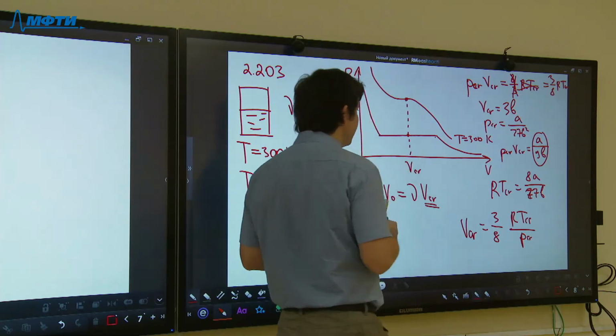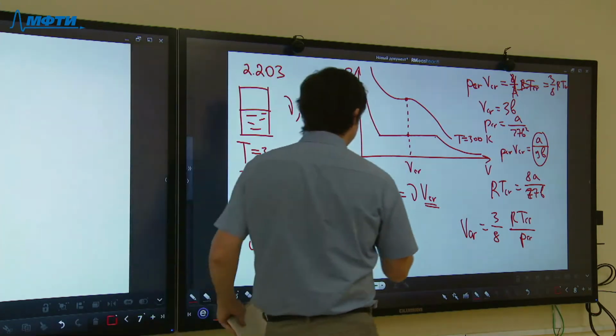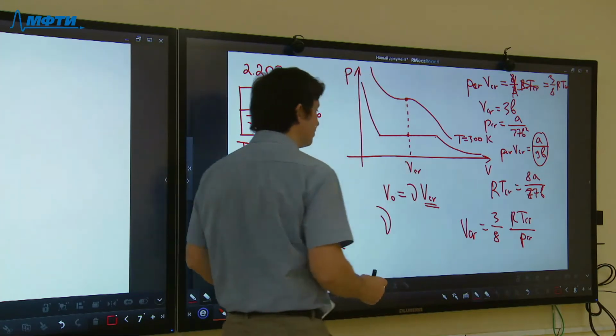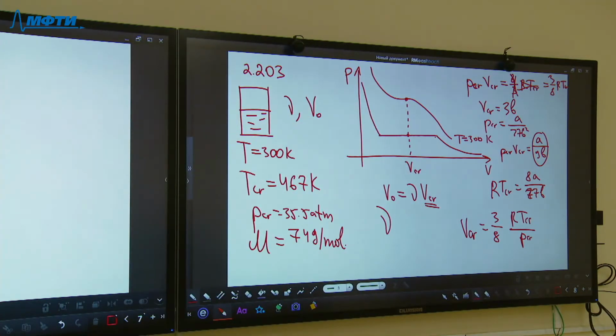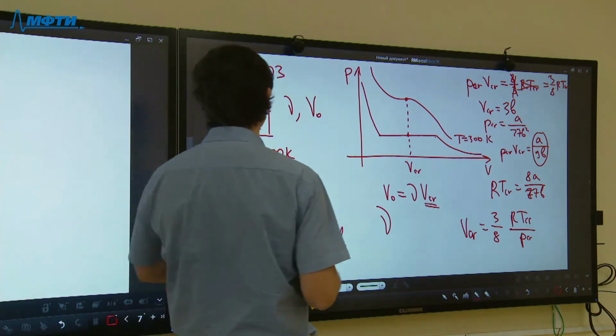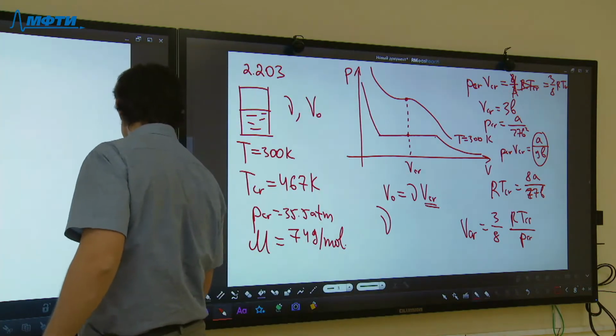And now let's say that I have found the amount of ether in my vessel. So how can I calculate which part of the volume that liquid part of ether occupies?